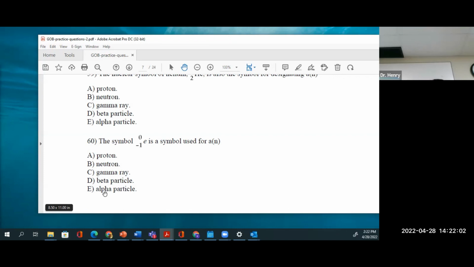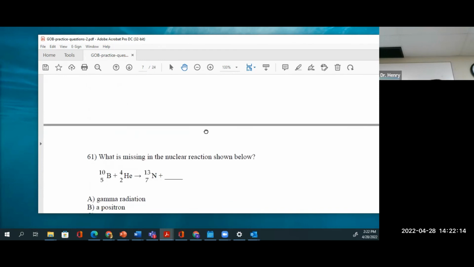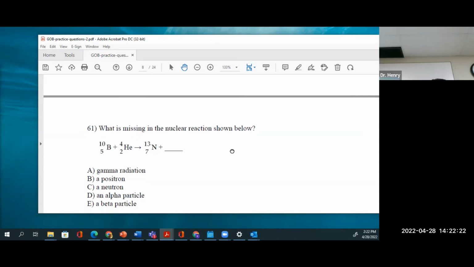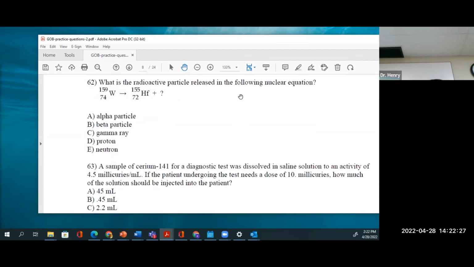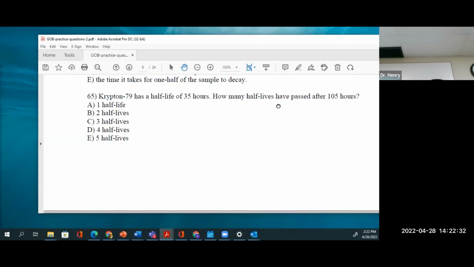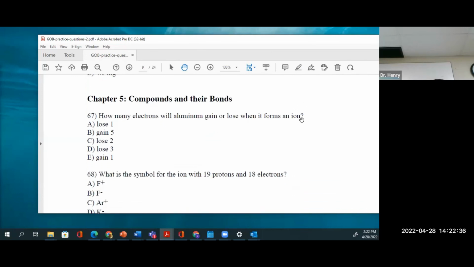So then beta is going to be, beta. So then gamma has to be right for the one above. I'm not gonna hold this for you guys because we haven't gone over it. It's not there, so we're not going to talk about that. Let's skip over this. Okay, but bonds. It's weird that they do nuclear energy before bonds.